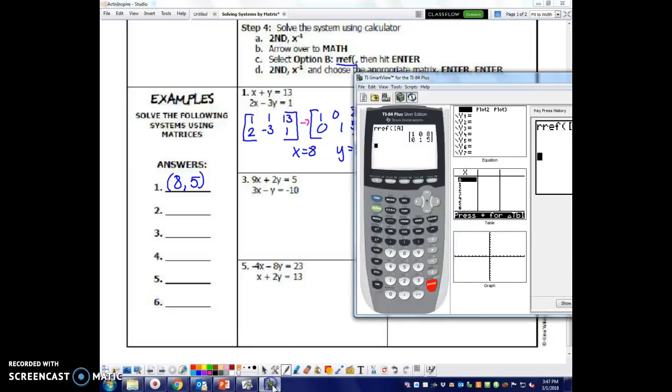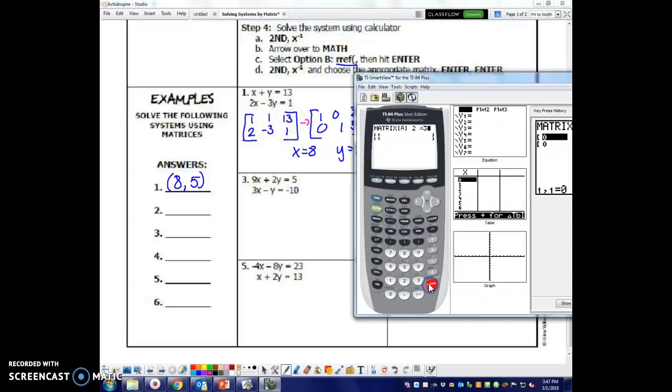Okay. So now we're going to type it in. I'm going to clear the RAM just to remind you of the steps again. So second matrix, over to edit. We pick A. What must it be in? 2 by 3, because it's going down 2 over 3. That's what it means.